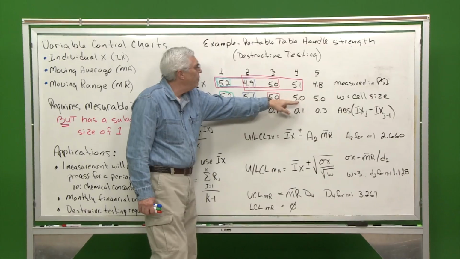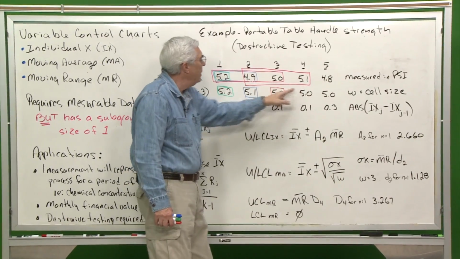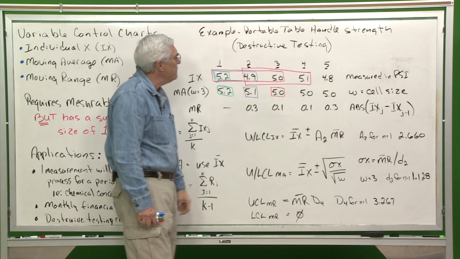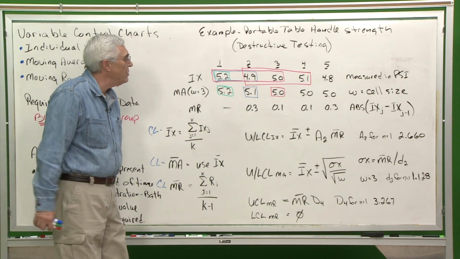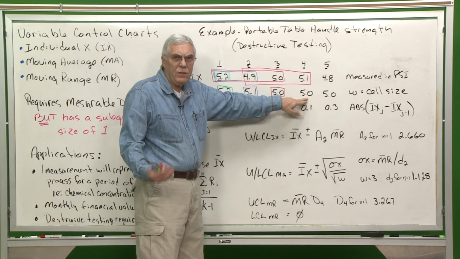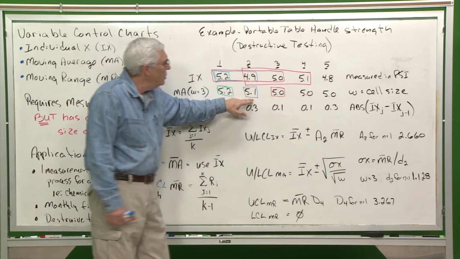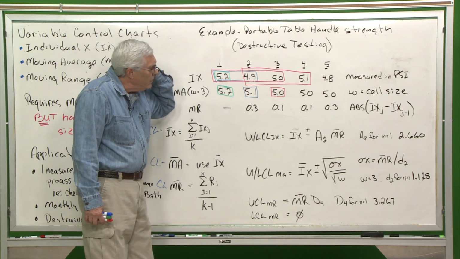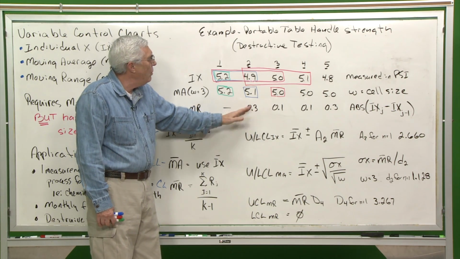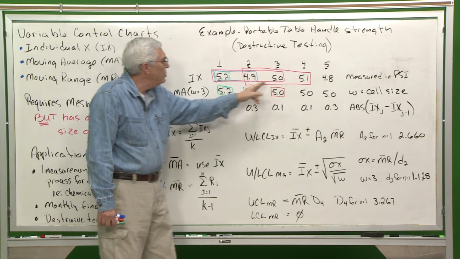So everyone from here on is looking at the one plus the previous 2, so a cell size of 3. If you were doing, for some reason, a cell size of 4, we wouldn't hit our final cell size till here. If you were doing a cell size of 2, we would have hit it here. Now, you don't mess around with the cell size on the moving range. It is always simply the range between the two subgroups.